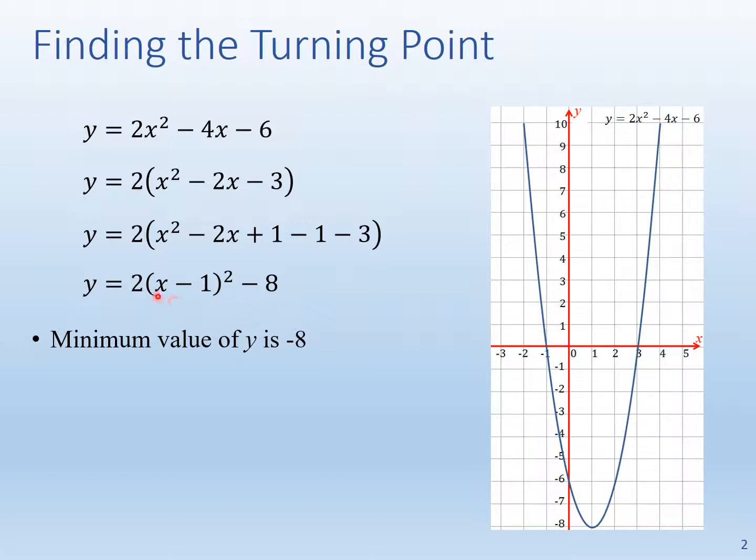And so putting x equals 1 in that part of it will make that 0, and the minimum value of y will be -8. We call that the turning point because the graph changes direction at that point. That is the minimum value of the function.